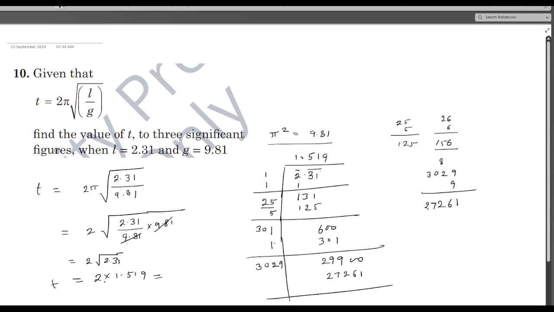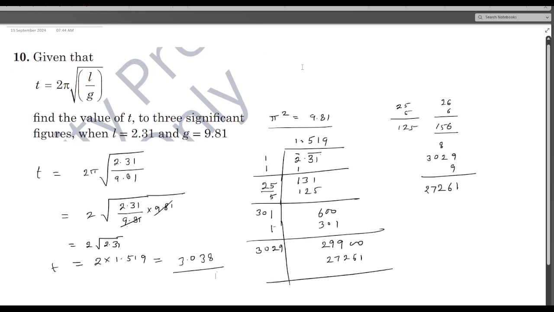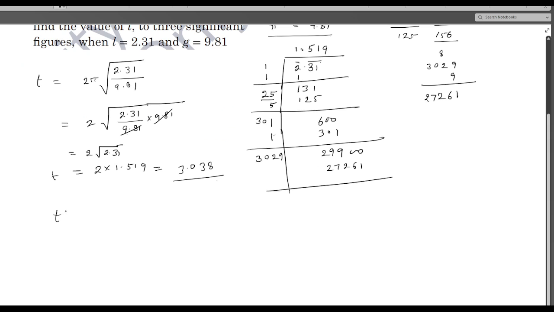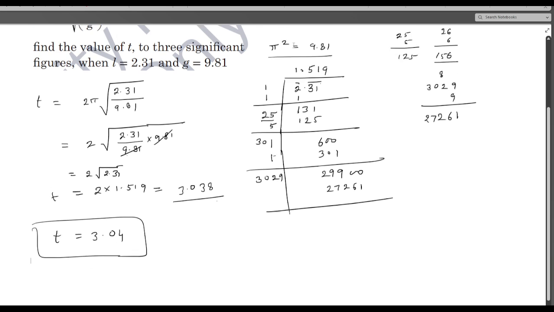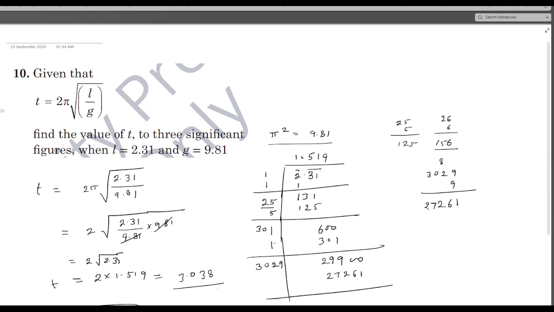So here the result is 2 times 9 is 18, 2 times 1 is 2 plus 1 is 3, 2 times 5 is 10, and 2 times 1 is 2 plus 1 is 3. So it's 3.038. So I can say that t is equal to 3.04. This is the answer up to 3 significant figures.